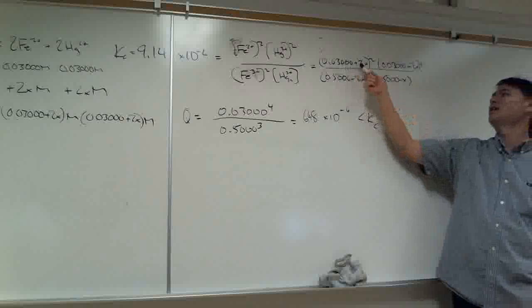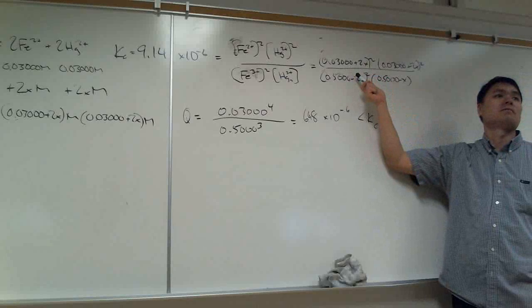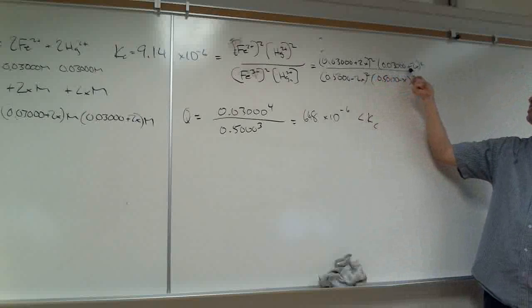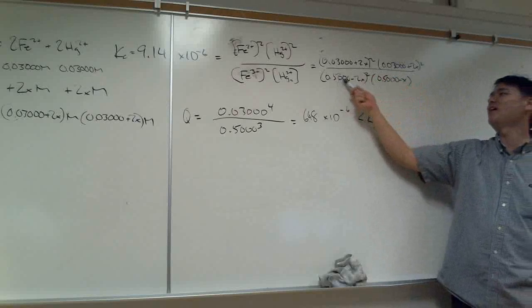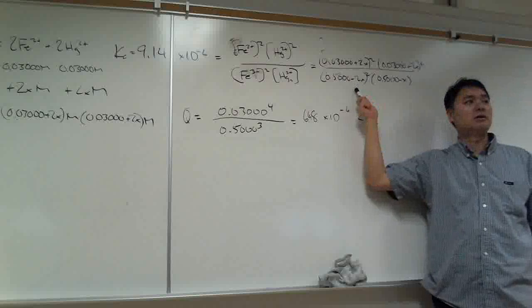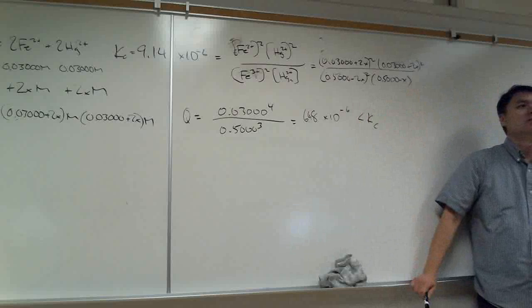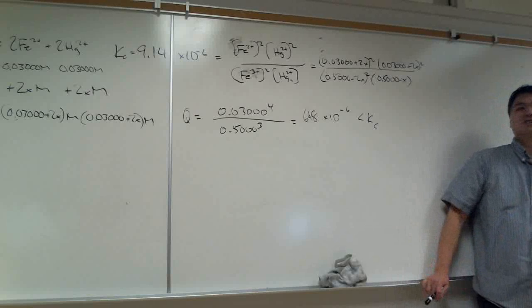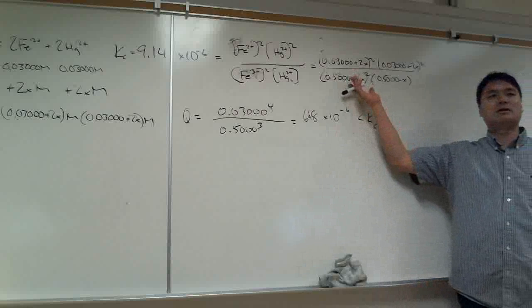That is 0.03000 plus 2x is about equal to 0.03000, and 0.5000 minus 2x is about equal to 0.5000, and 0.5000 minus x is about equal to 0.5000. And then try to solve for x. It's funny because there is no x to solve. So will the simplifying assumption work? No.